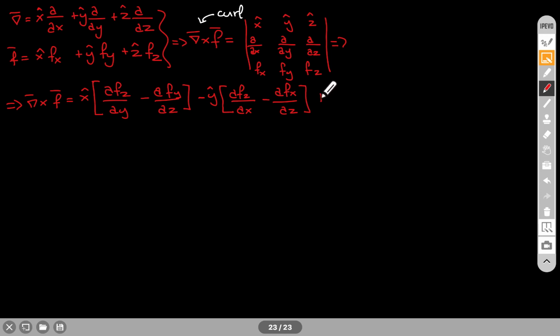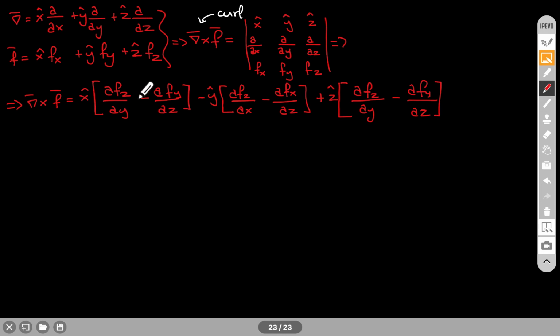And then I have plus z hat. I'm crossing out this column and that row, and here I have the partial of f sub z, the z component of the function, with respect to y minus the partial of the y component of the vector function with respect to z.